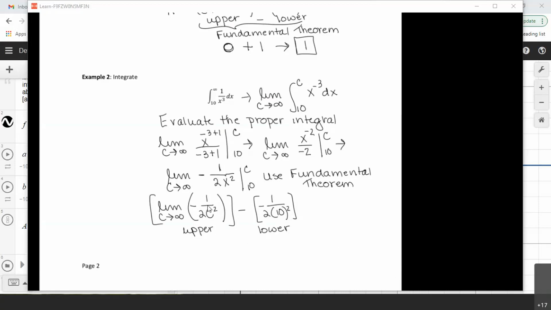Again, think about this. You've got c in the denominator and it's getting very large. You're also squaring it, which means it gets larger faster. So the denominator is getting huge. So the fraction is approaching 0. I'm looking at the first fraction at the upper bound.